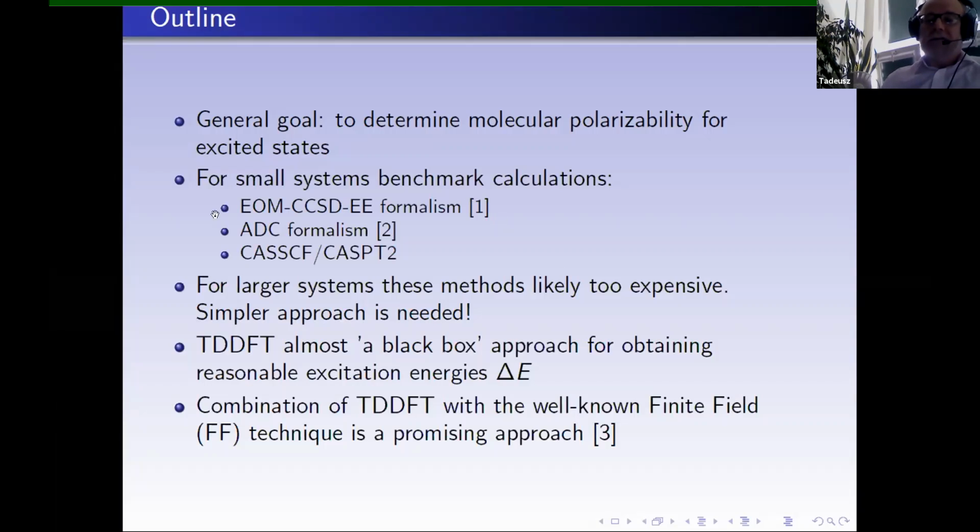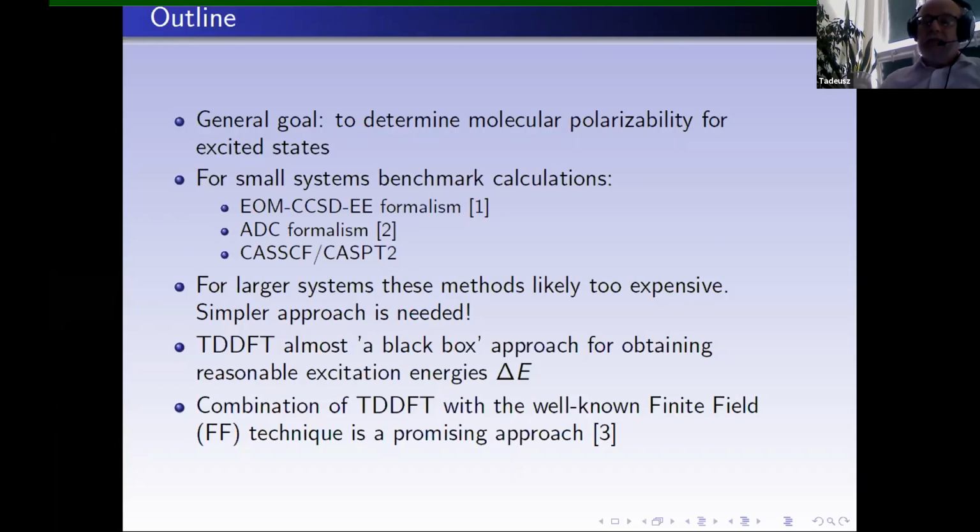The second one is the algebraic diagrammatic construction formalism that is still, I guess, in the form of a preprint, sorry. And we can also use CAS-SCF, CAS-PT2 wave functions for excited states. But for larger systems, these methods are too expensive. So what's really needed is a simpler approach. Simple but robust approach is what we need.